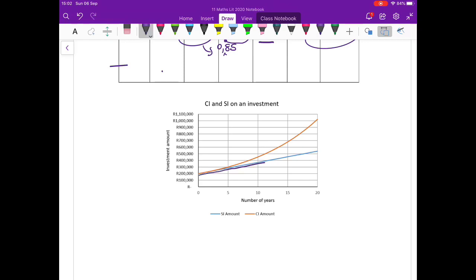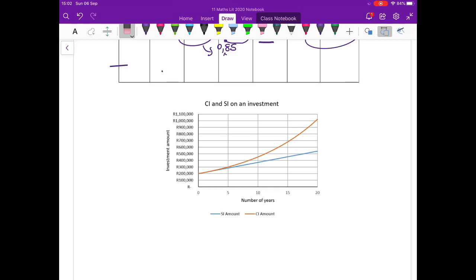It increases at a constant rate of 17,000 a year, whereas our compound interest graph increases at a percentage of 8,5% with interest on interest. And that is the difference between compound and simple interest.